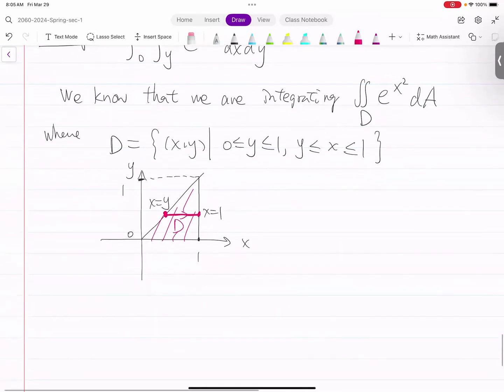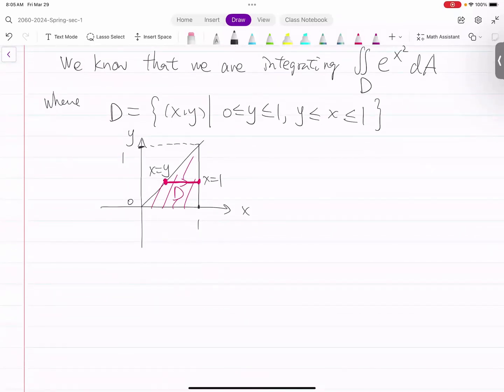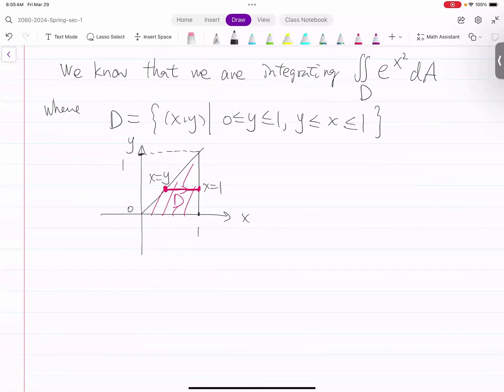Okay. Then what we do is that we do this equivalent description by using vertical bars to cover this region, which is equivalent to the following.